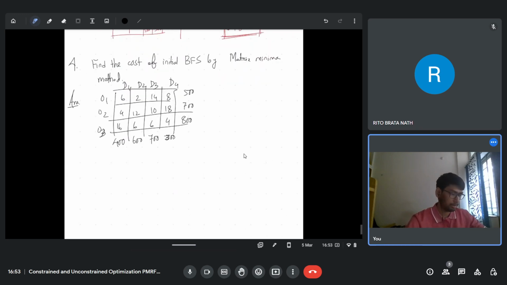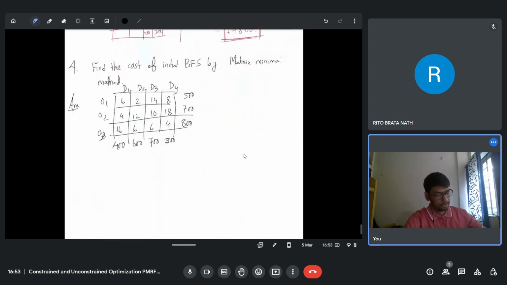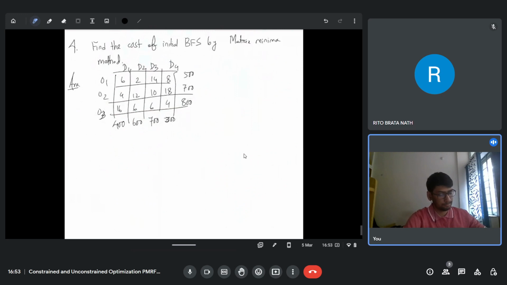First, you have to find it. Okay, I'll solve this. So for this one, what you have to do first is find out the overall minima, right?